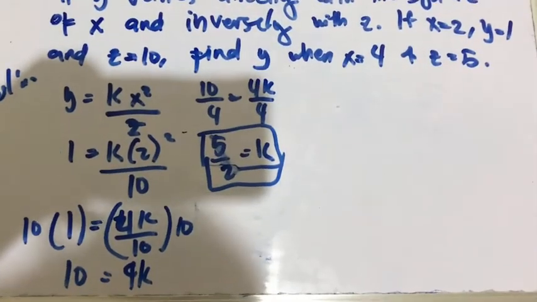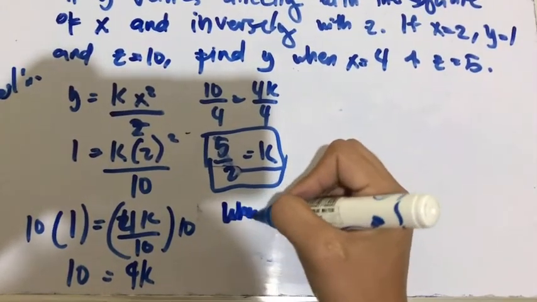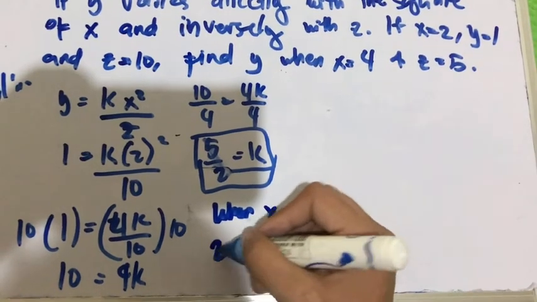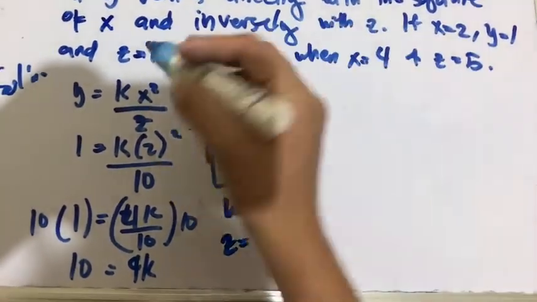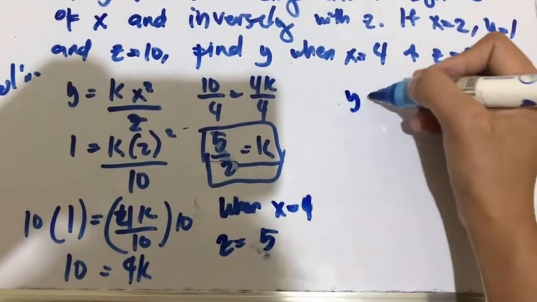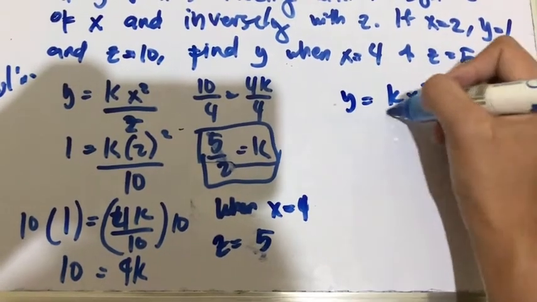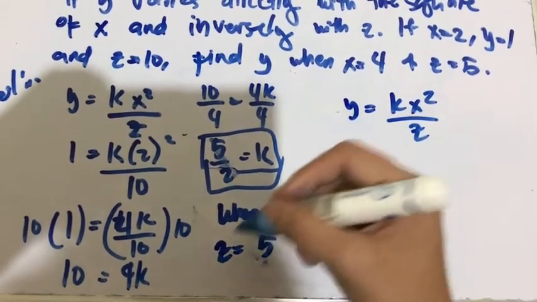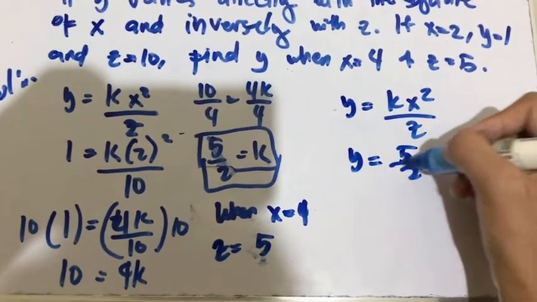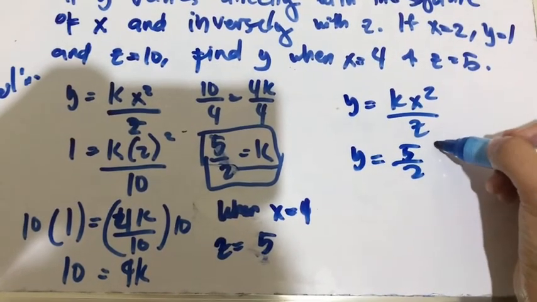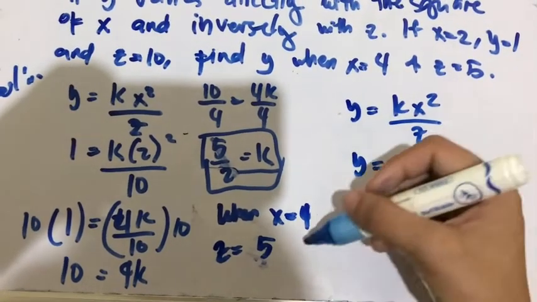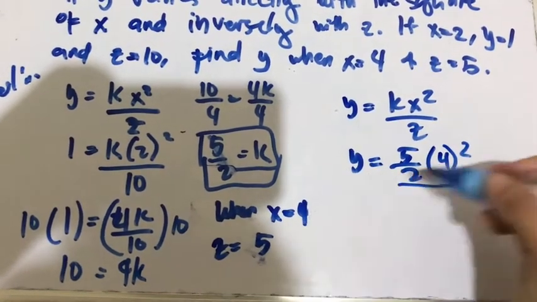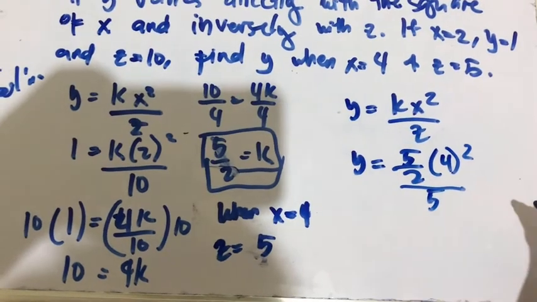Now we find y when x is equal to 4 and z is equal to 5. We use the same form, y is equal to kx squared over z. So y is equal to k, that's 5 over 2, times x, that is 4 squared over z, that is 5.